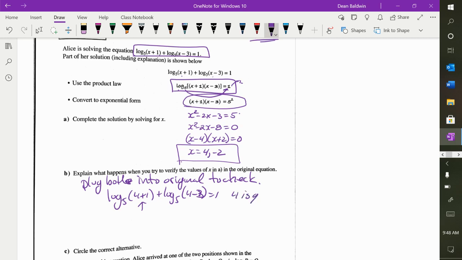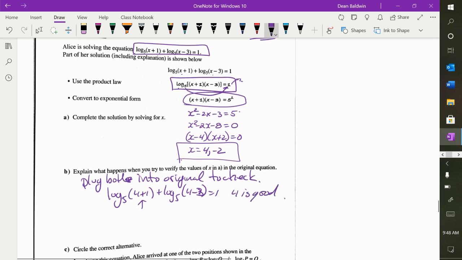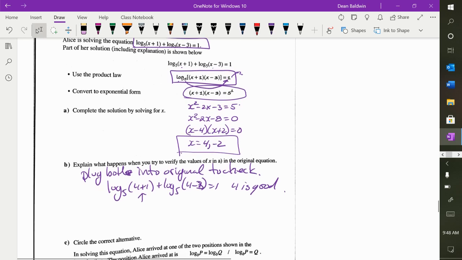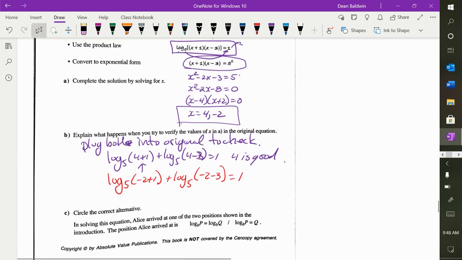4 is good. Now, if we put negative 2 in, I get this. What's negative 2 plus 1? Can you log a negative number? No. So it blows up right there. If it fails in any one of them, then you have to throw it out.